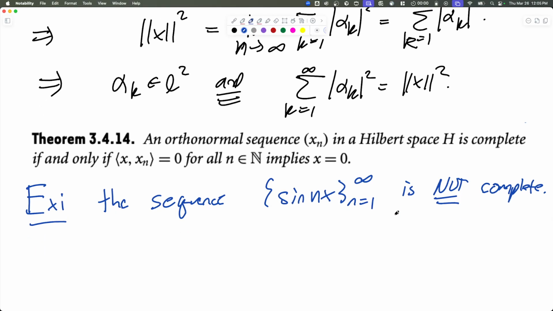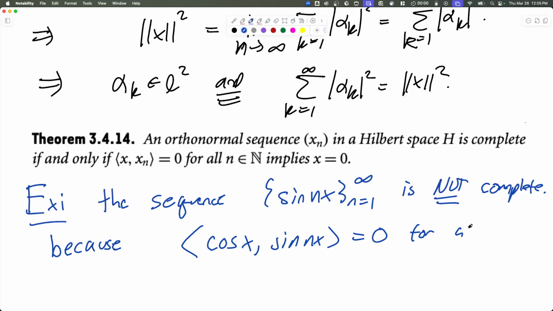And the proof, by theorem 3.4.14, all I have to do is find a non-zero function that has inner product 0 against all the sines. You could say that because the inner product of cosine of x with sine of nx equals 0 for all n, but the cosine function is not the 0 function in L2.